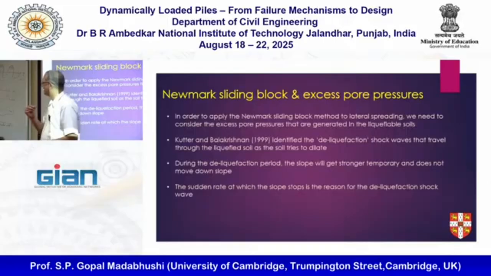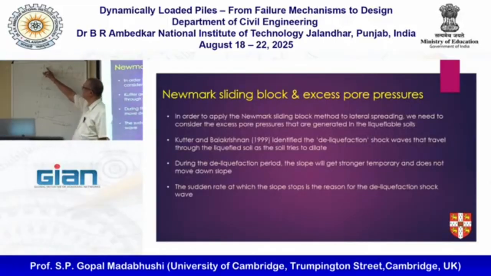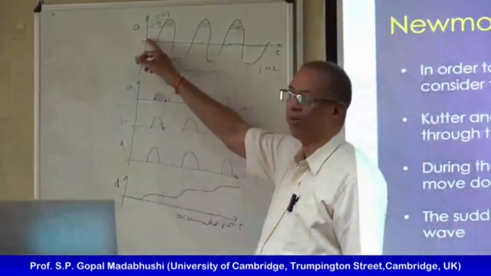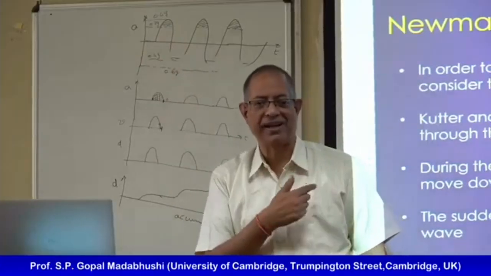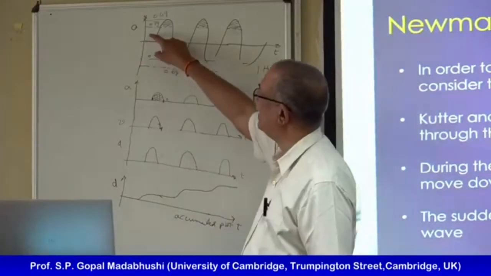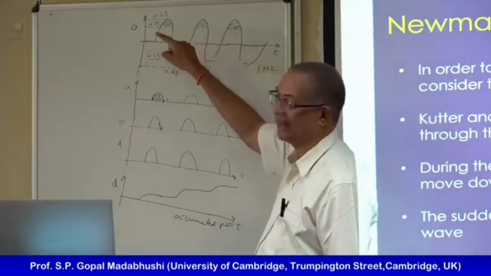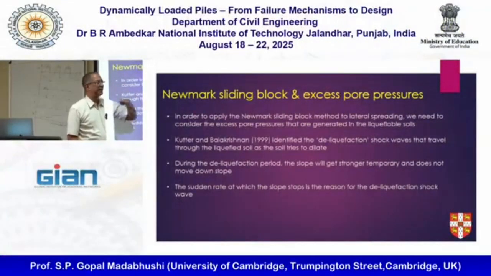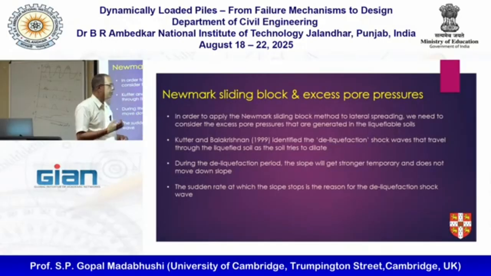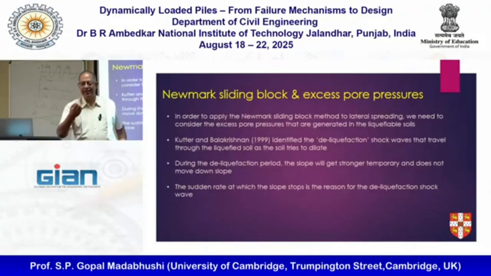So instead of being something like 0.3 g, that one will drop to say 0.05 g. Then I get huge amounts of spread, because now I'm integrating a much bigger area, all this area will be included. So the threshold acceleration is coming down because of the excess pore water pressure, and that is what reduces the strength of the material, or the sliding resistance capacity, if you like.